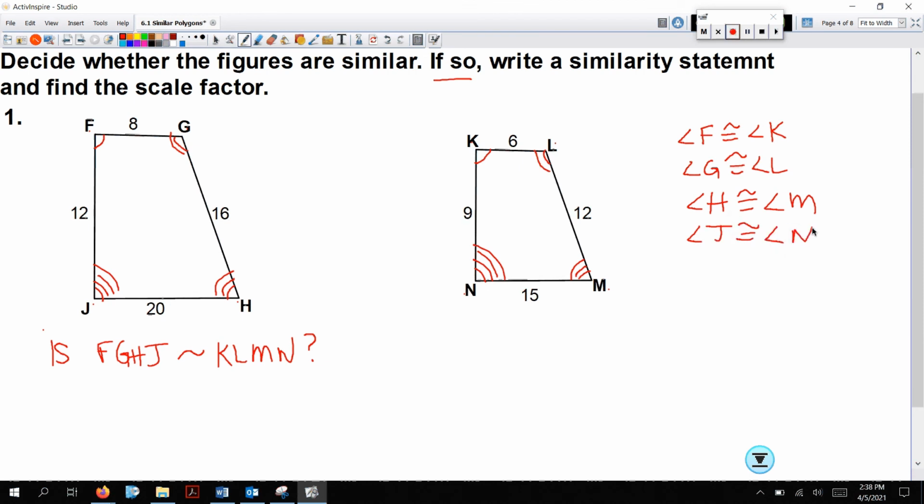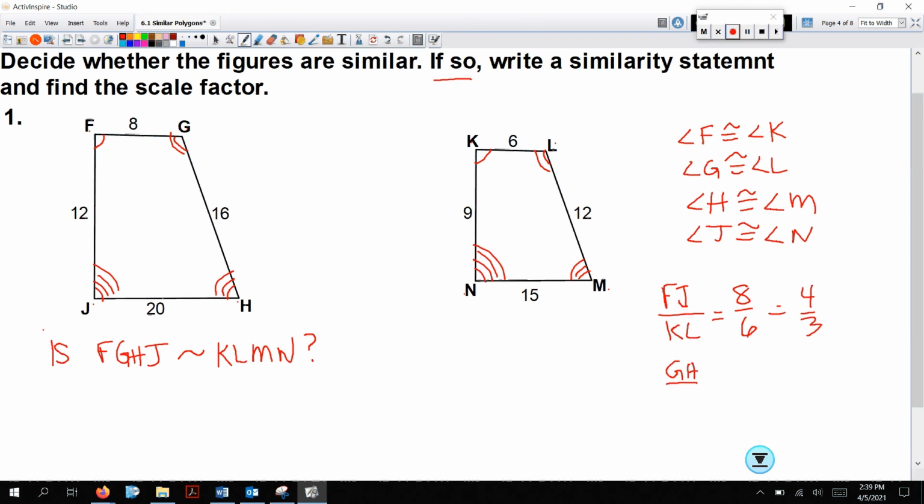Now we need to check the scale factor for all four sides. So FG corresponds to KL. FG is 8, KL is 6. We always need to reduce our ratios. So 8 over 6 is 4 over 3. Now let's do GH.